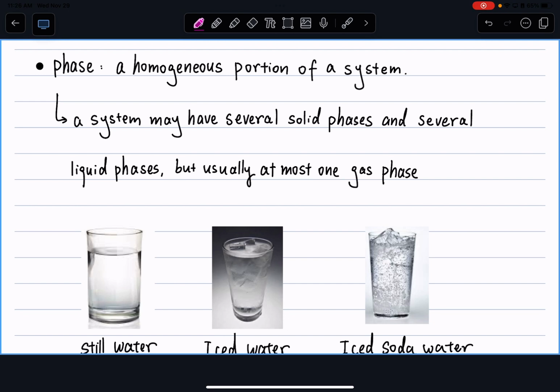It can have multiple solid phases, meaning their crystal structures are topologically different, and those solid phases can be in equilibrium with each other. It can have several liquid phases, like water and oil, which are not miscible with each other, but usually only one gas phase is available.